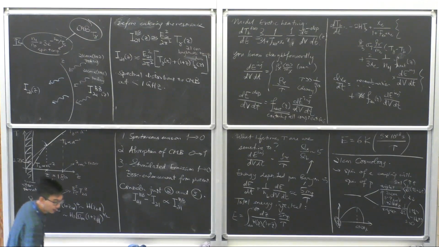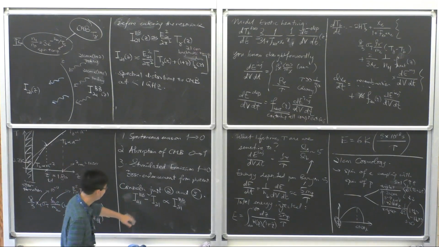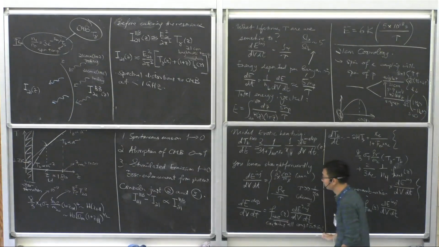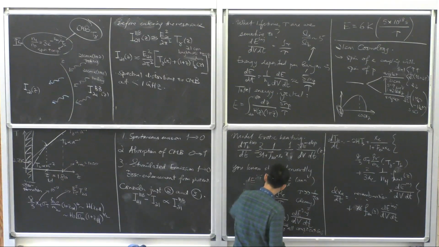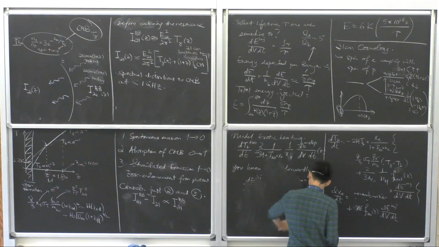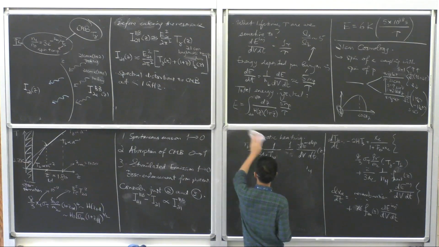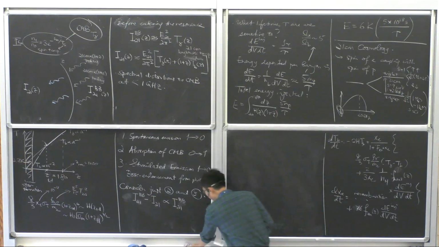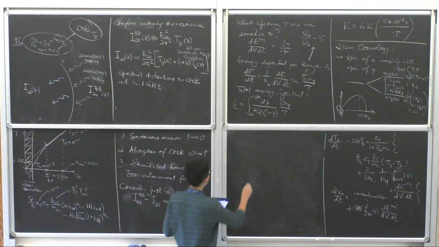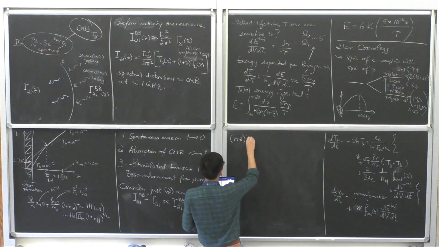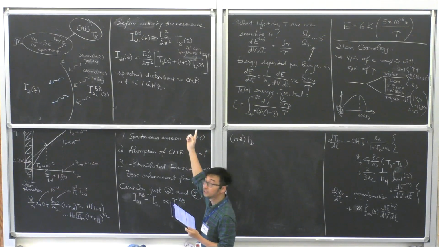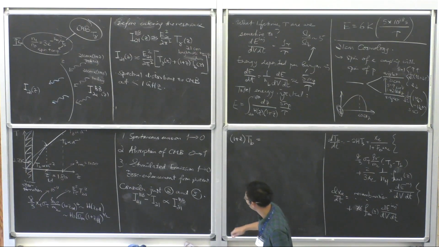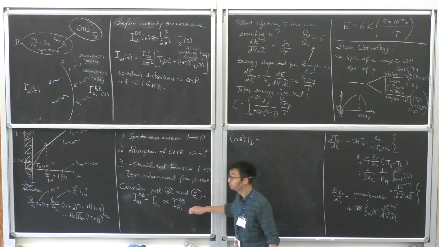And so, because of this rough heuristic, I should be able to write that 1 plus z TB, which if you look there is proportional to the change in the intensity, is going to be given by something that's proportional to I21 black body itself, which is just T gamma.